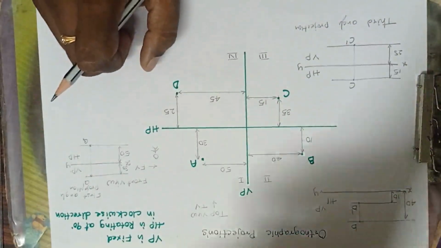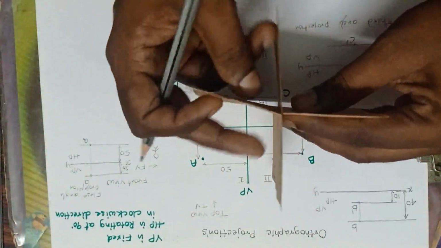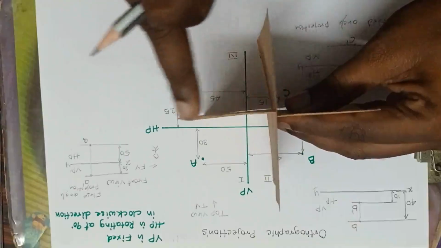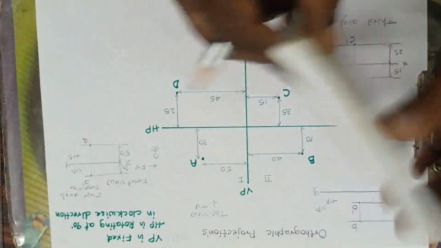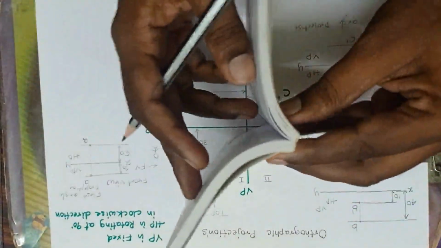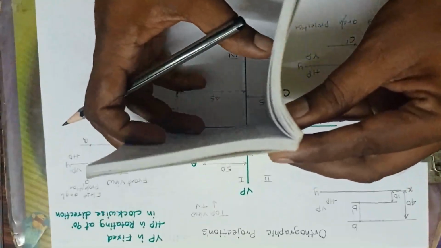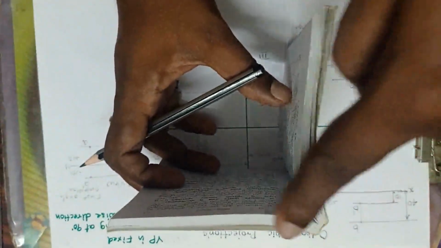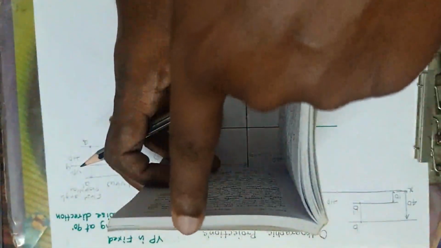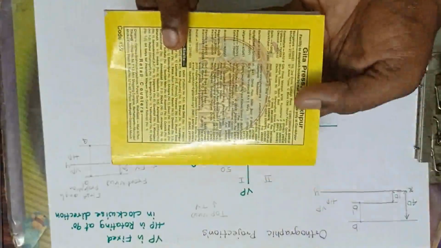So how to draw the projections? See here, this is the fourth quadrant. I'll show it like this. Now this is the vertical plane, this is the horizontal plane. Now the vertical plane is rotating 90 degrees clockwise like this, and I'll show it like this.